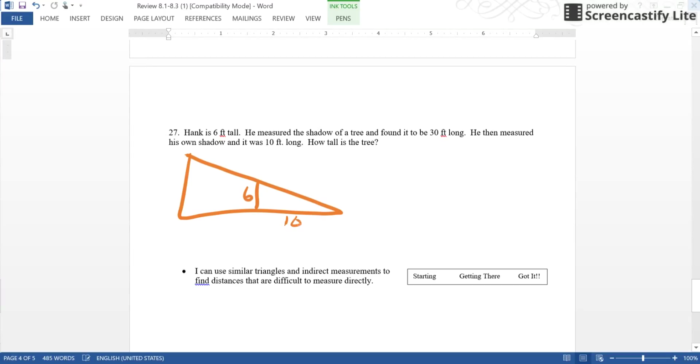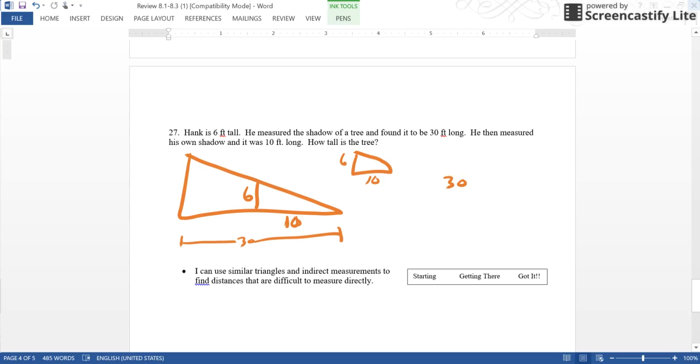His own shadow is 10. This whole thing right here, from here to here, is 30. So we can break it up into two triangles just like we did before, and I could say 6, 10. This is 30. We want to know how tall the tree is right here.